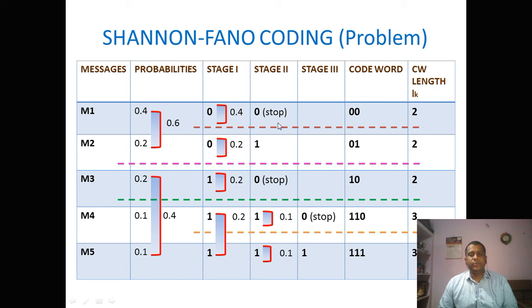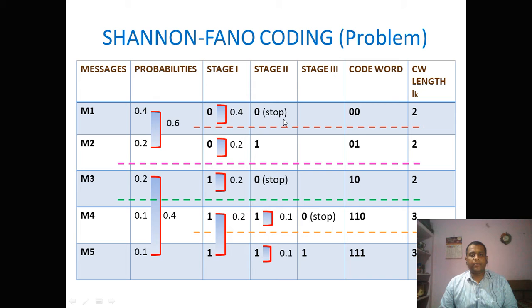So in stage 2, it has logic 0 in the upper subset and logic 1 in the lower subset. As we arrive at a single value, the probability 0.4 stops here, and it is written as stop.